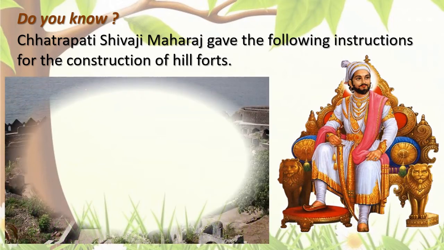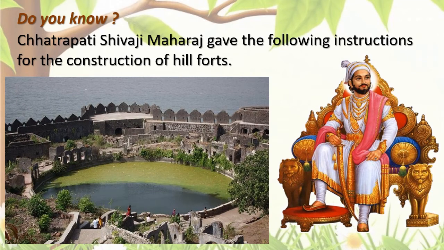Here you can see a hill fort, isn't it? You can see here the sea and here it is a hill fort. Here you can see a water tank, isn't it? This is not natural. This is man-made.